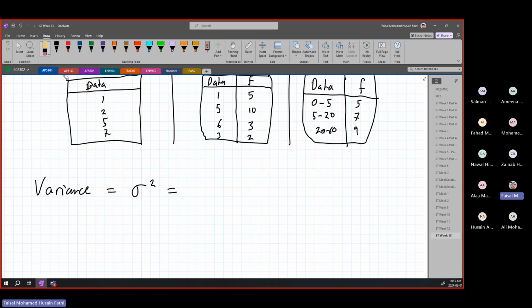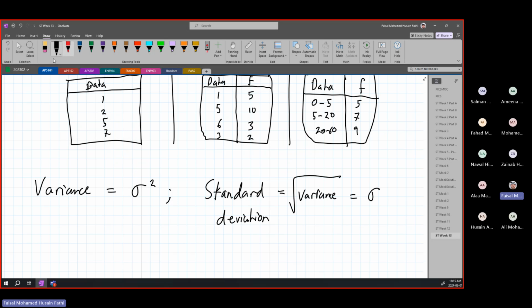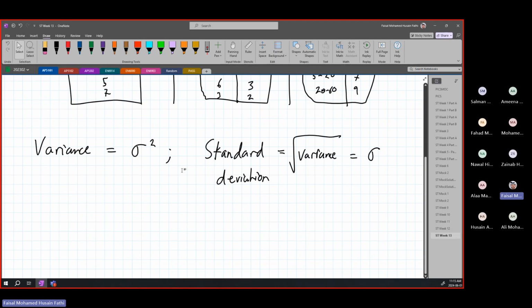I'm not going to go through all the equations right now, but I just want you to remember that standard deviation is simply the square root of variance, or just simply sigma.